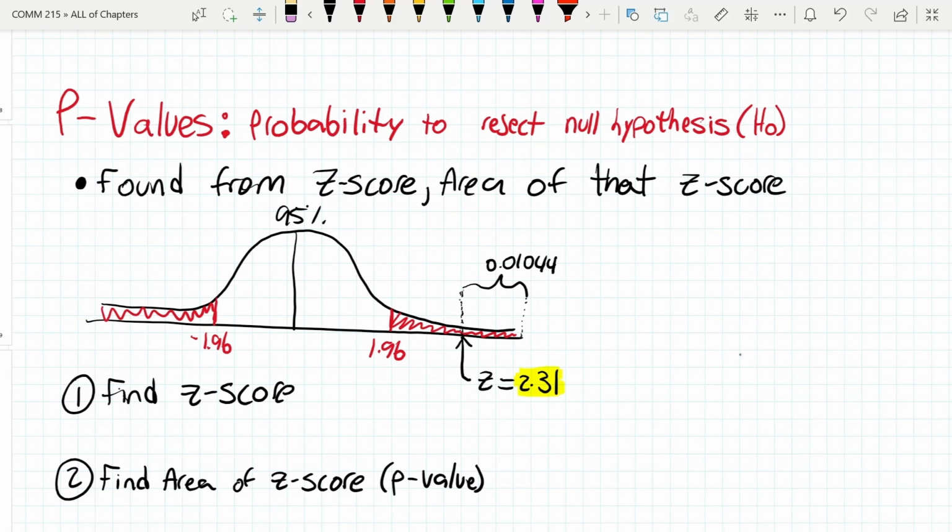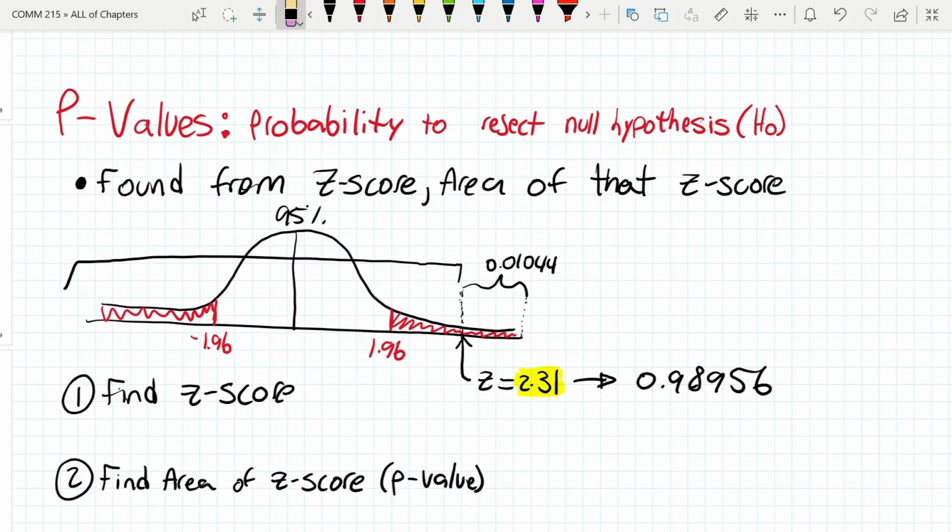Let me just do it real quick. So if you look at the table, it should give you 0.98956. So that would be everything to the left of here, so it'd be like all of this. That's what 0.98956 would represent.